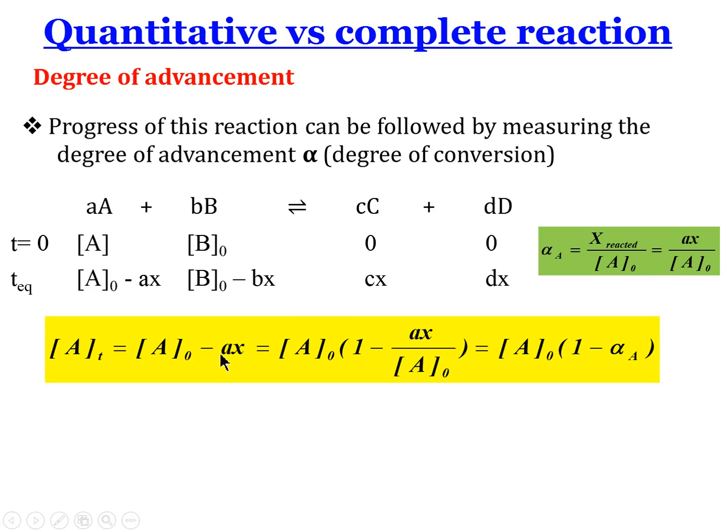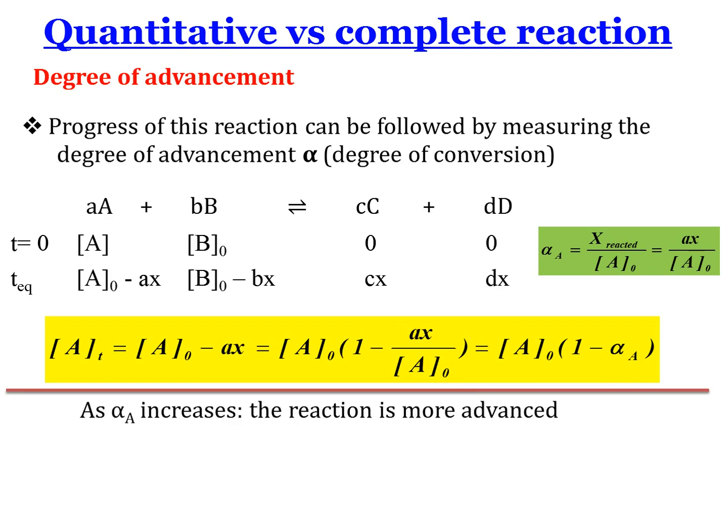And the value of K is known, so we put the concentrations of A, B, C, D at equilibrium in their value, and by this way we can calculate the value of alpha A. If the value of alpha A increases, the reaction is more advanced in direction 1.